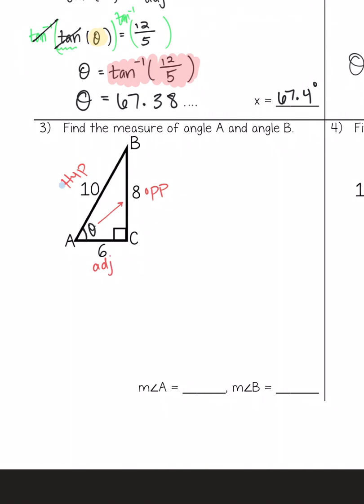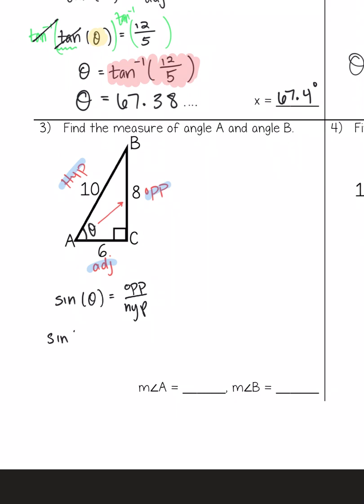This time, I have information about all of these sides. So it doesn't matter which trig function I use. So just because we haven't done it yet, let's use sine. So I know the sine of theta is my opposite over my hypotenuse.